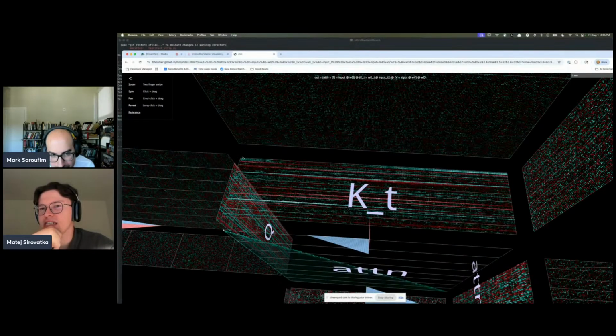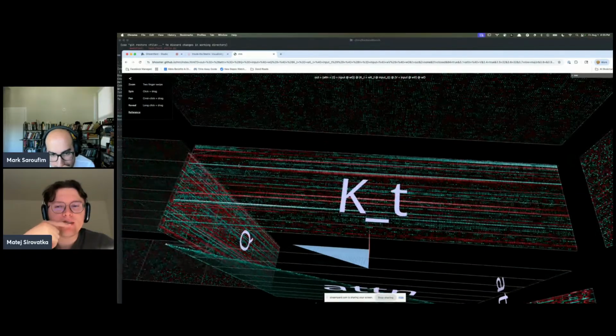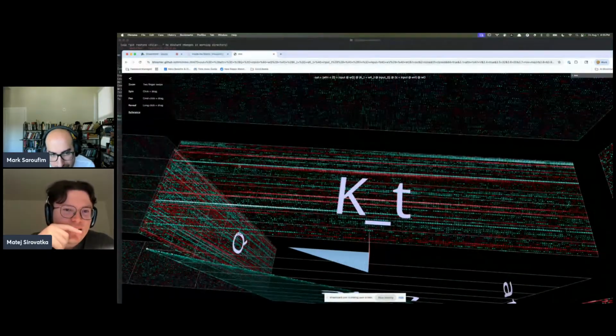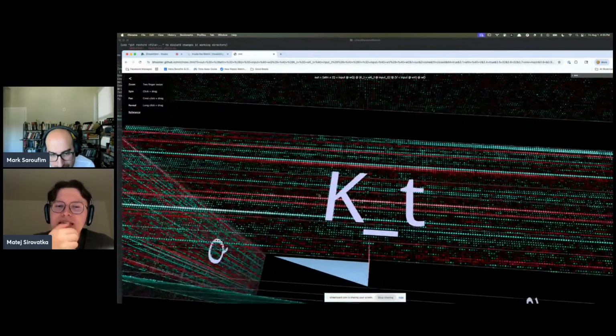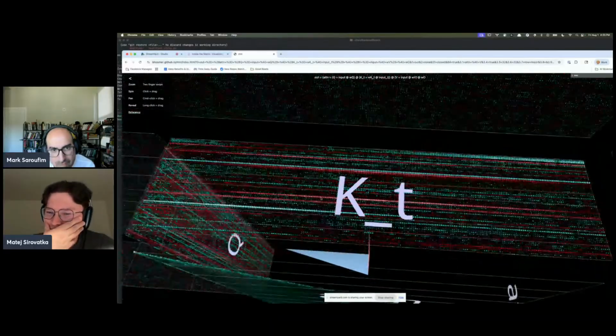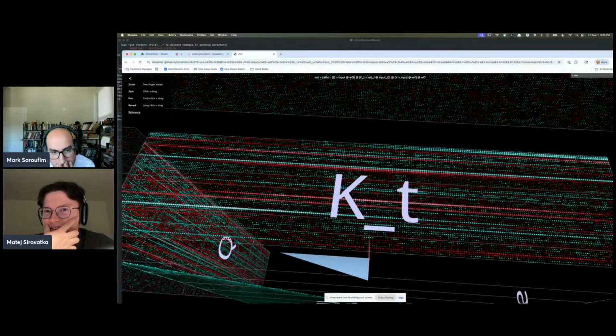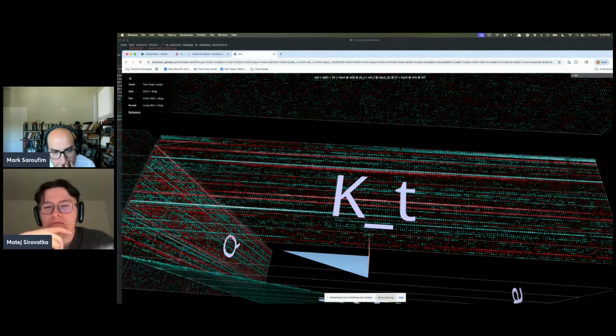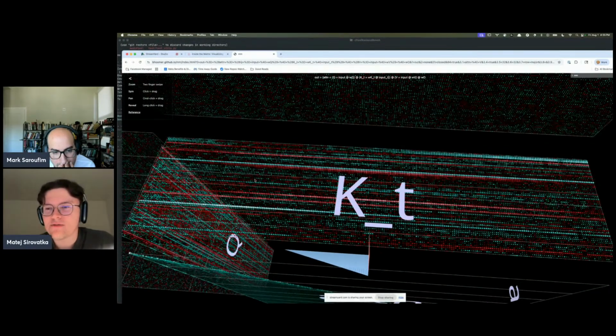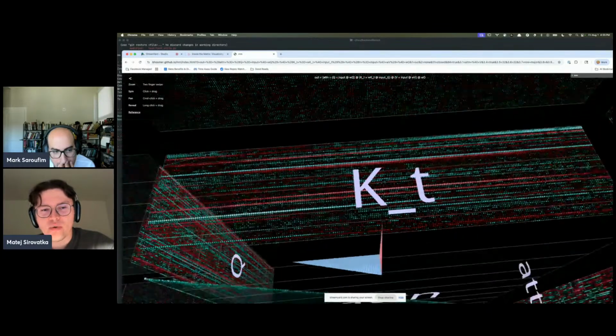So I would assume that your key tells the matrix where you should be looking more. Wait, no, it's the sequence length, right? Yes. So you can see that the first 3 or 4 rows are quite large.